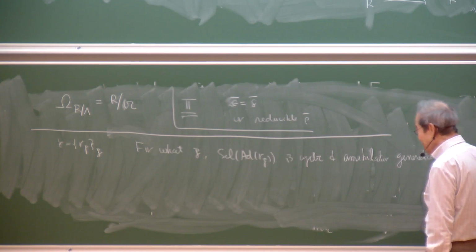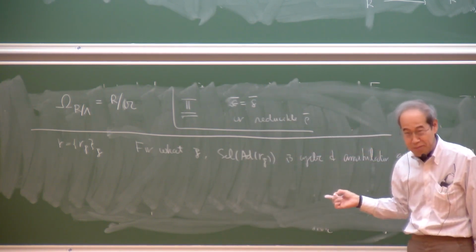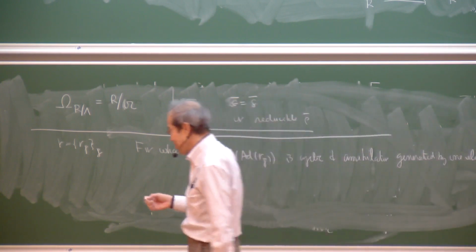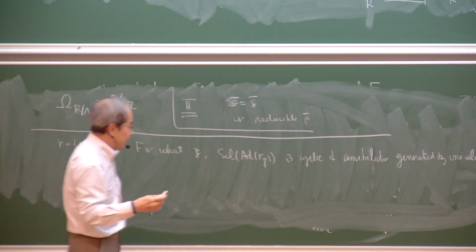So this is a two cyclicity. This module is cyclic, and the annihilator also cyclic, I mean principal. So that's the kind of question I asked at the very beginning.